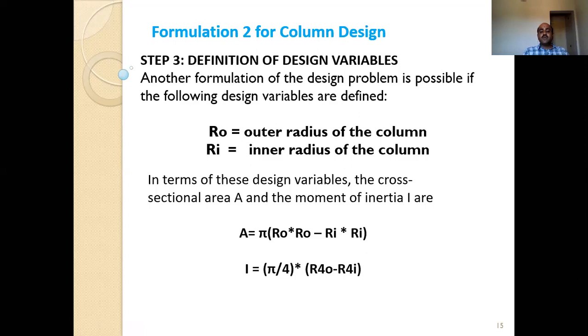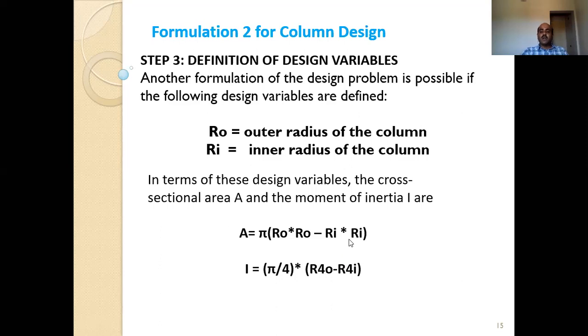In terms of these design variables, the cross-sectional area A and the moment of inertia I change slightly. A is equal to pi into R0 square minus Ri square, and I is pi by 4 into R0 to the power of 4 minus Ri to the power of 4.